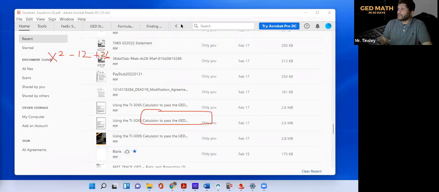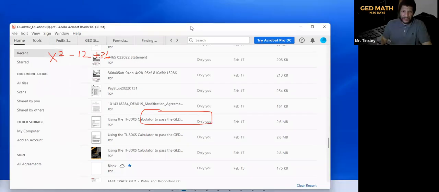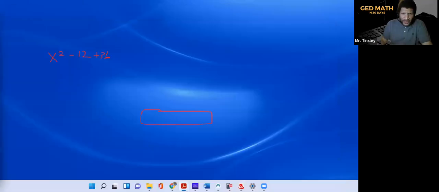Hold on. My computer's doing something funky. Let me see if I can get it. Where's my blank page? I need you. There we go.